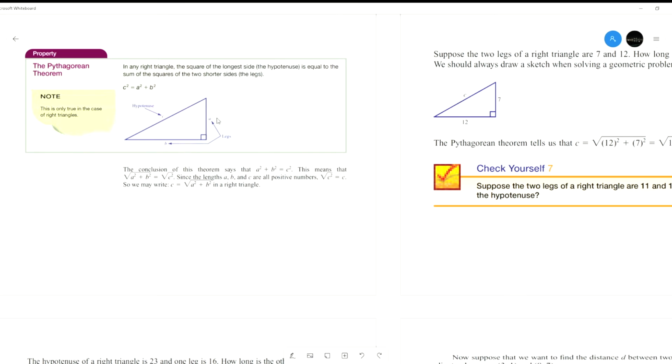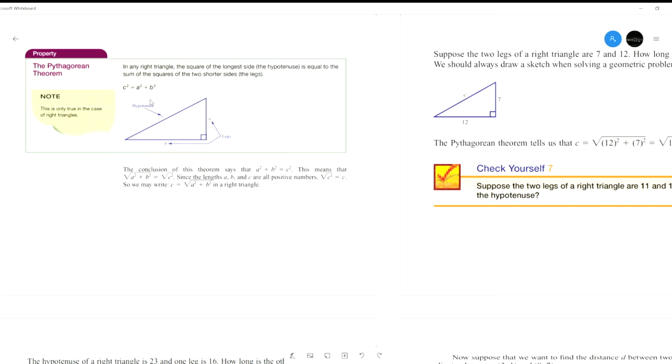One of them is called A, the other is called B, and they are joining at this vertex here by a right angle. And then on the other side of that right angle, there is the longest side of the right triangle, which is called the hypotenuse. We call that variable letter C. So the Pythagorean theorem says the leg squared plus the other leg squared is equal to the hypotenuse squared.